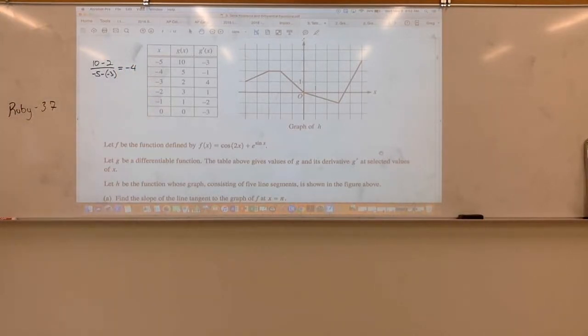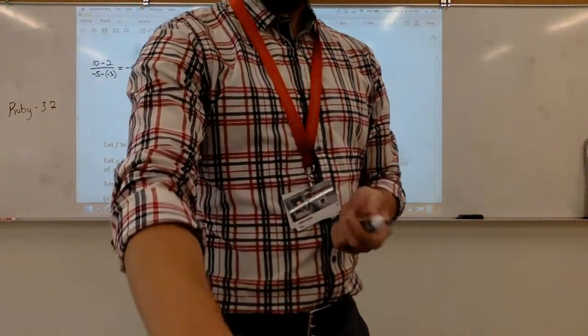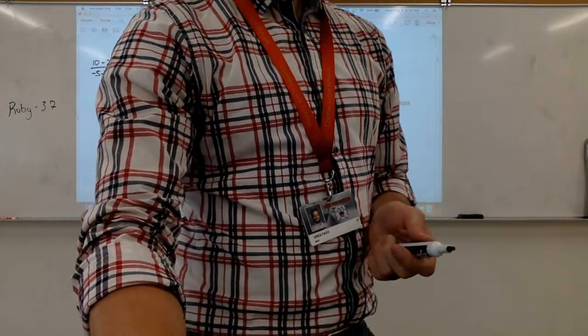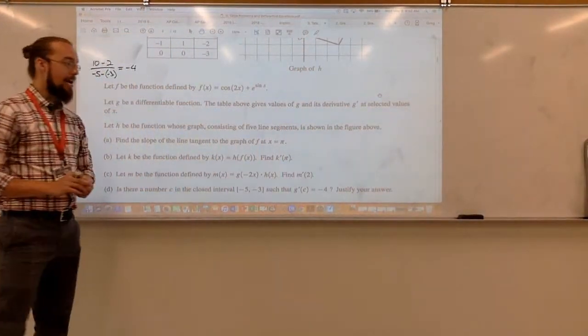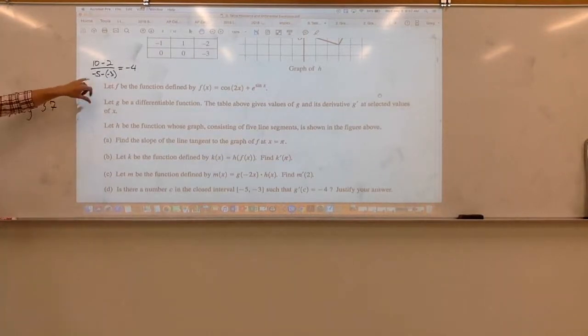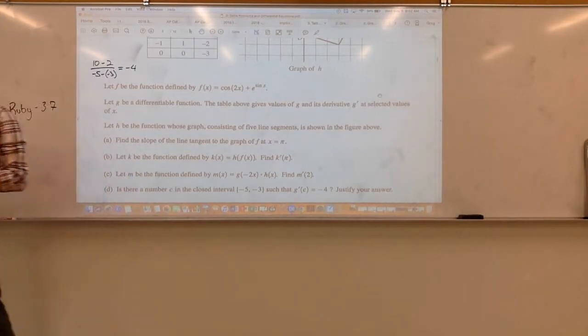You okay? So the question says, is there a number c such that g prime of c has to be -4? Well, if the slope between the endpoints is -4, there has to be some value in between the endpoints where the instantaneous slope is -4.